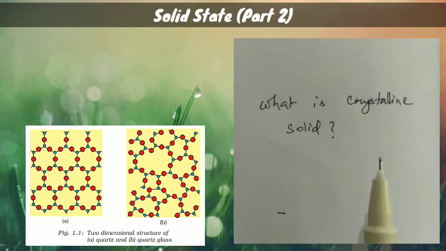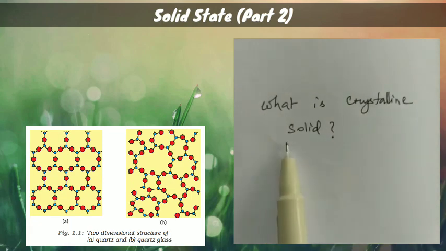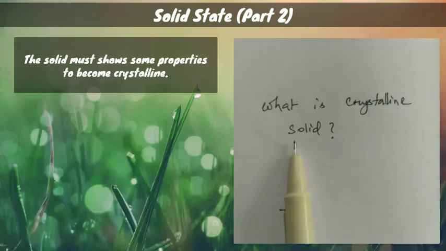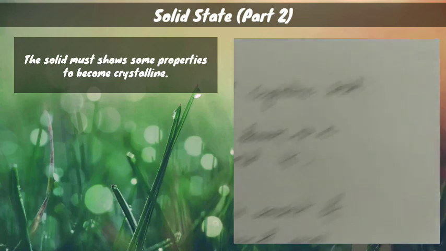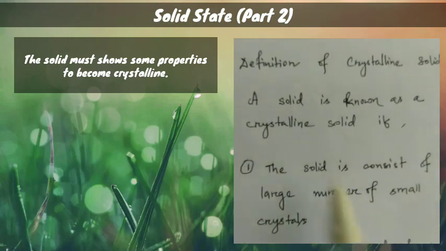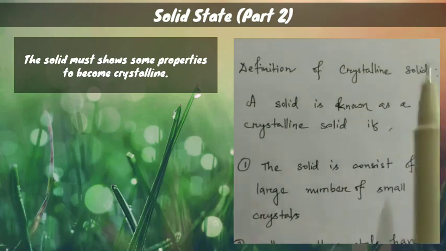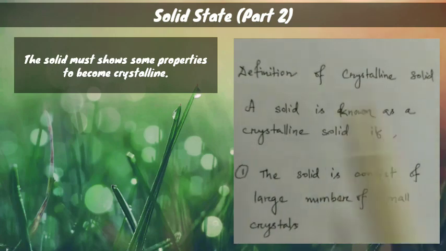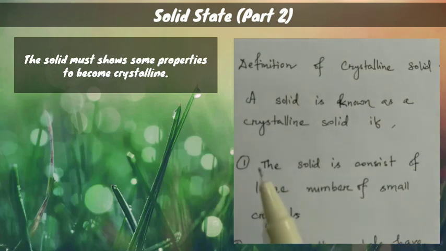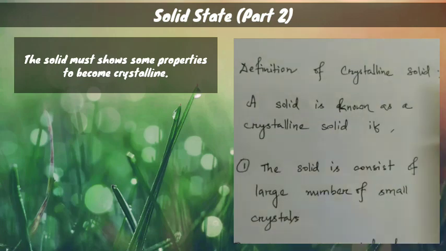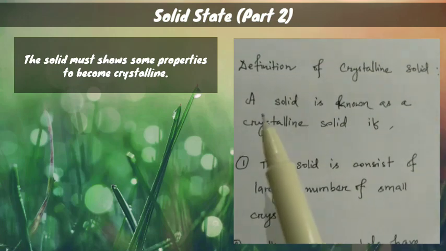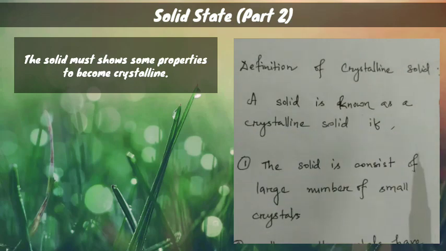To become a crystalline solid, the solid must exhibit some properties or behaviors. So here I am giving you some properties which must be followed by that solid to become a crystalline solid. You can define a crystalline solid this way.